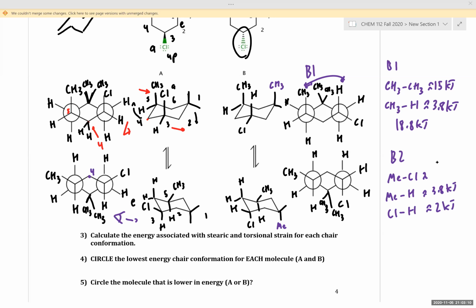Would you expect it to be around 15, way less than 15, around 4, a little bit more than 4? What would a ballpark estimate be if a chlorine exerts about half the amount of strain as a hydrogen?